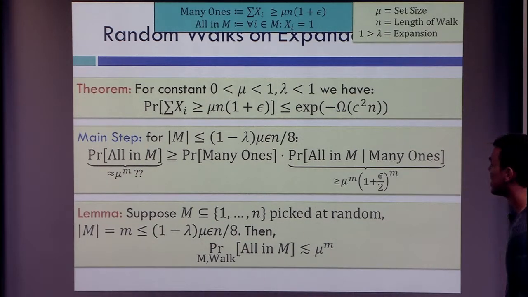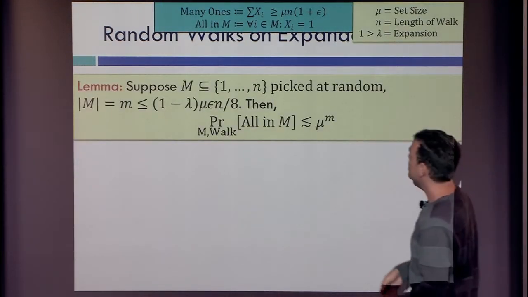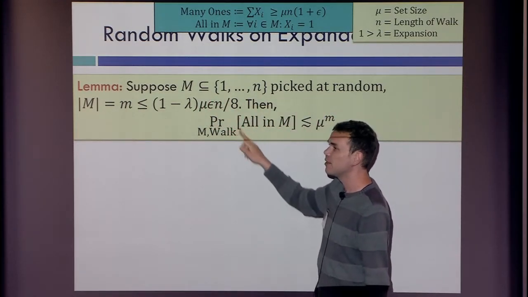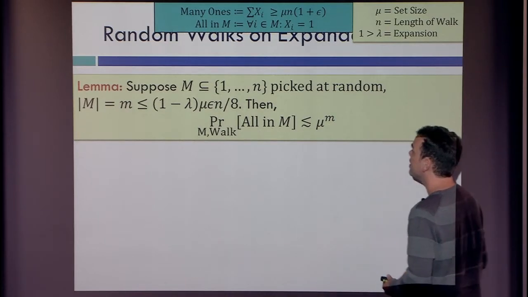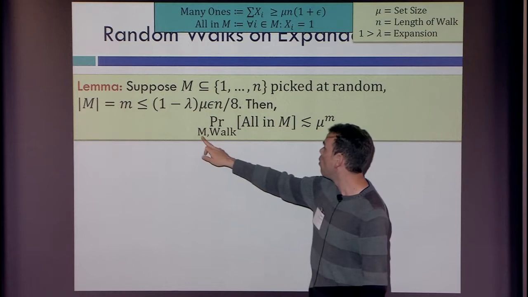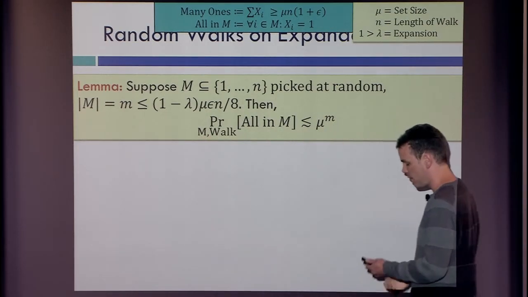I'd like to quickly sketch how to prove this lemma. It's not too difficult, but I will still not do the whole proof. So this is the lemma again. Suppose we pick this set at random and make that many steps, then the probability that all of the steps land in the set M, over the choice of the set M and the walk, is at most something like mu to the n.